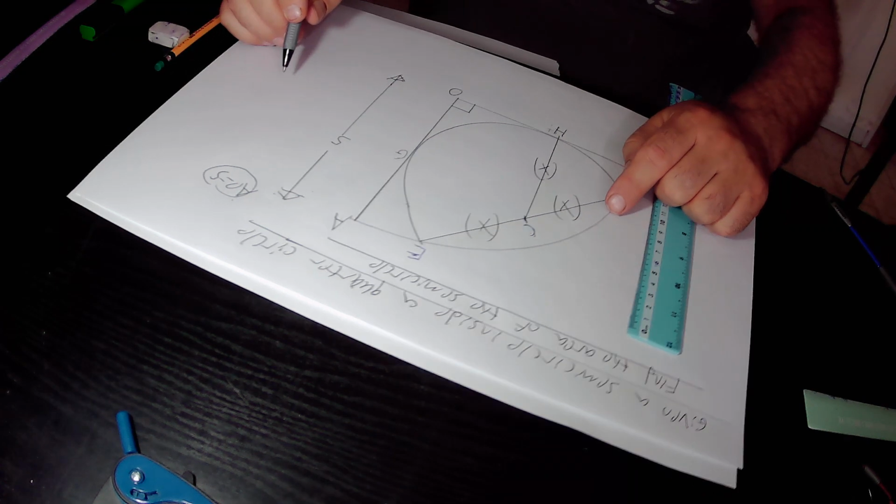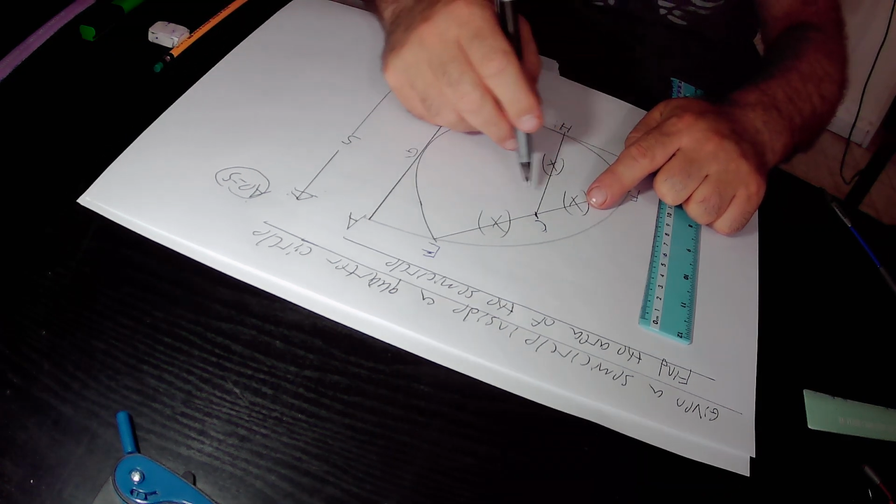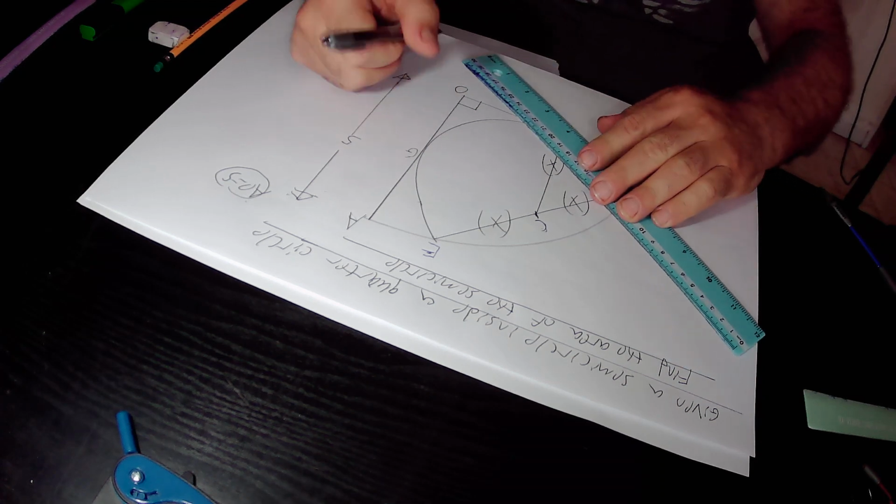Likewise, we will join point C and G together by a straight line.